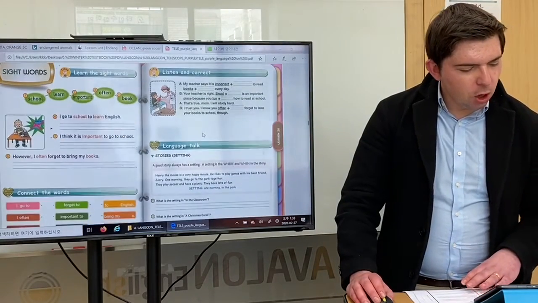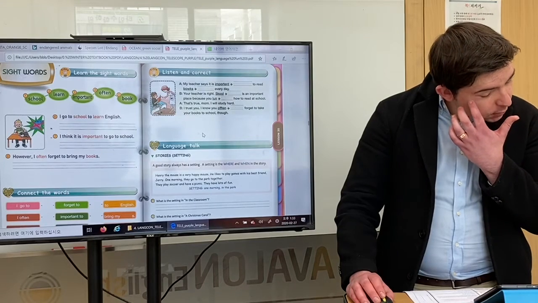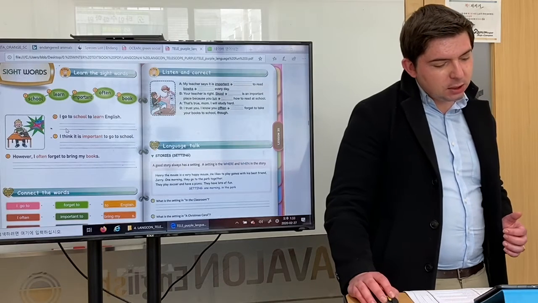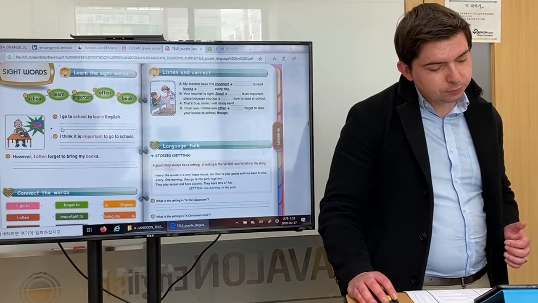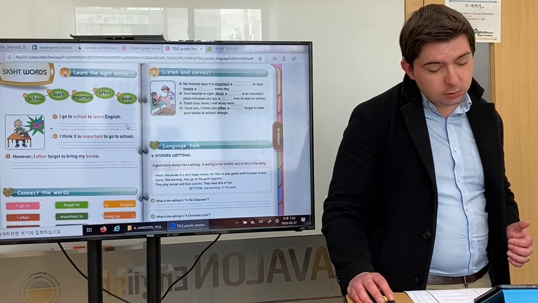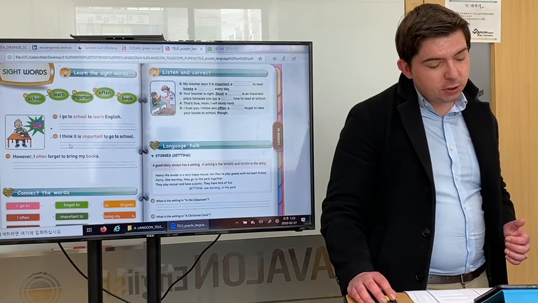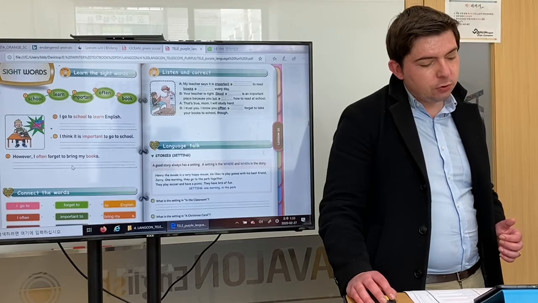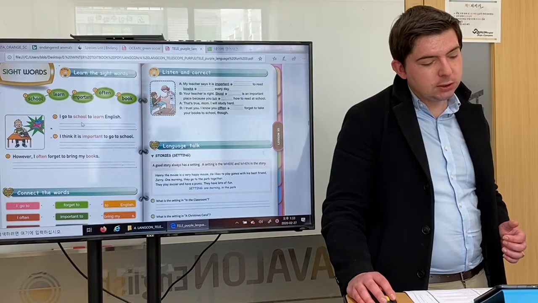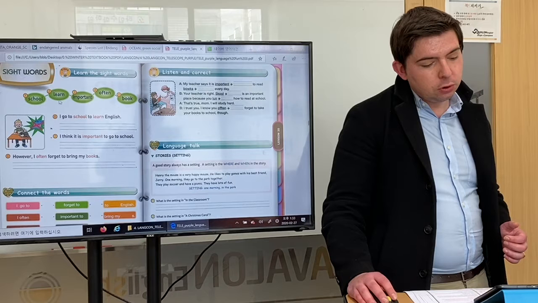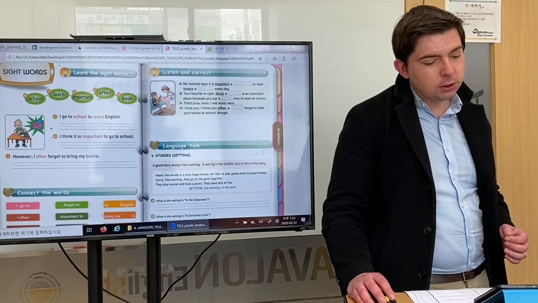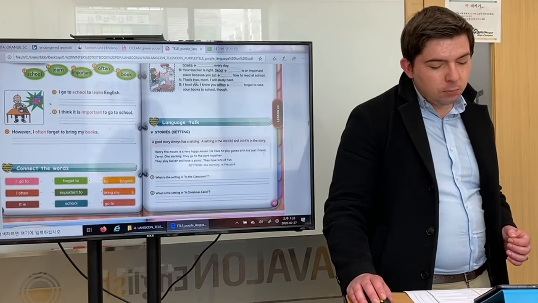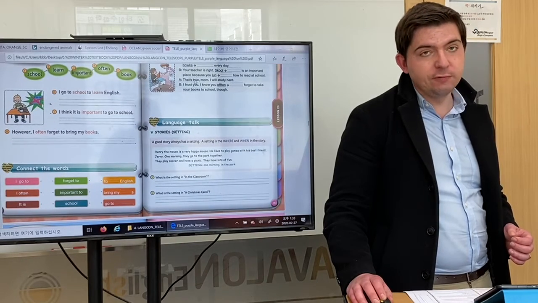So now we're moving on to the sight words section. Here you are basically copying down the sentences. It's very simple, but later you're going to have to connect some of these words like school, learn, important, often, book, in, page 253.